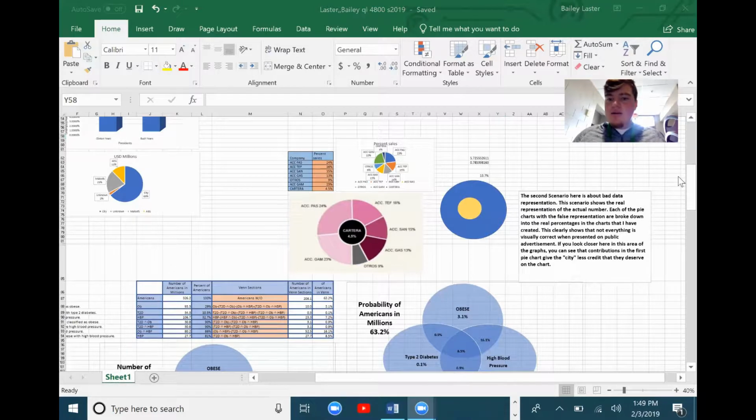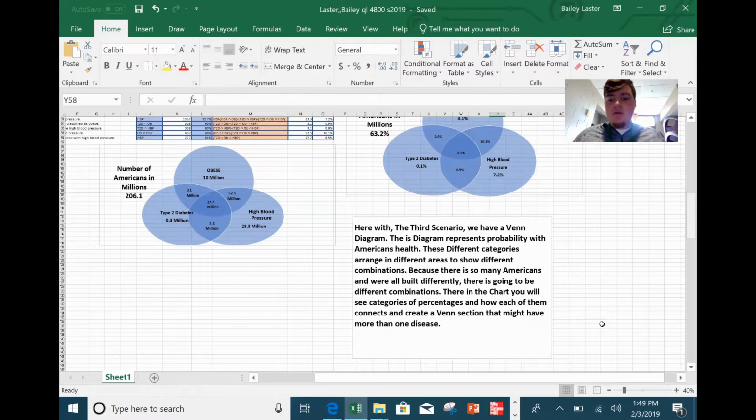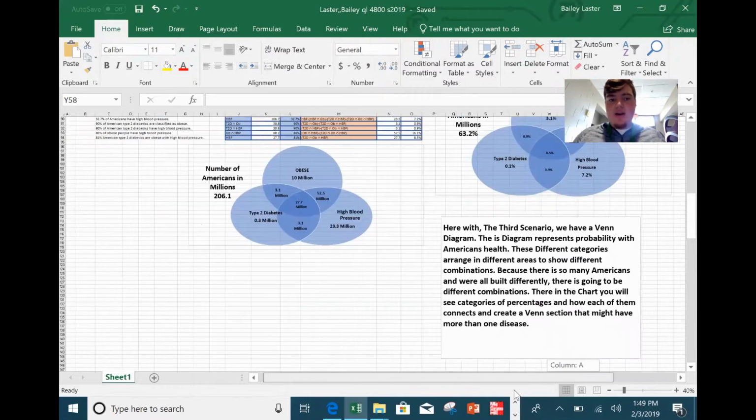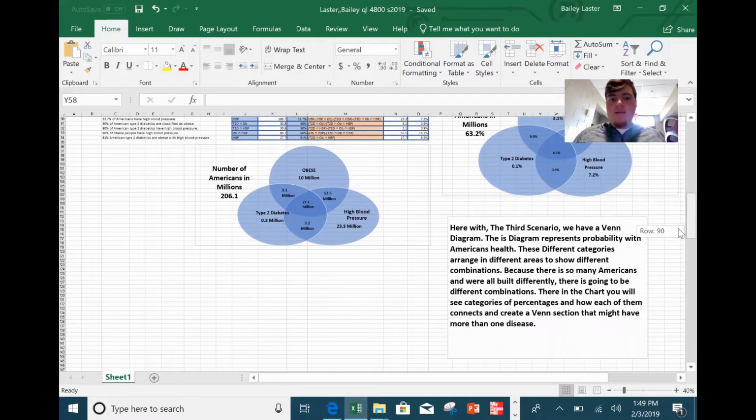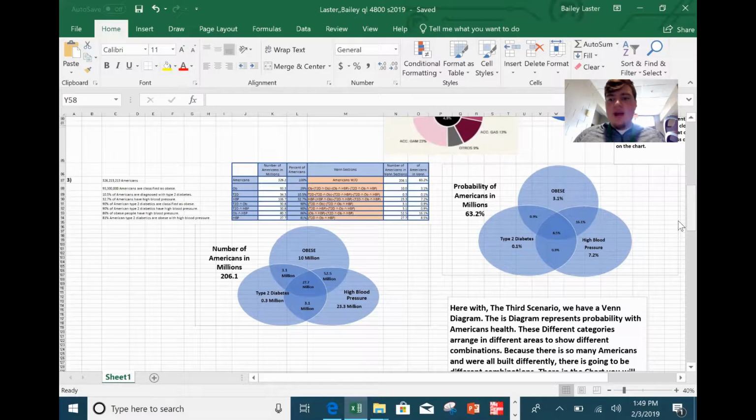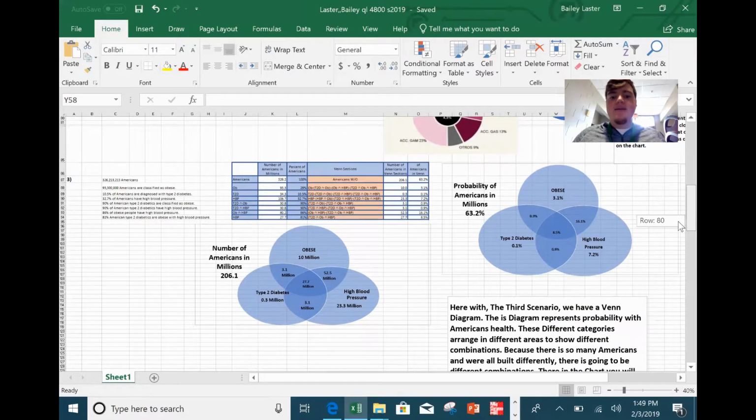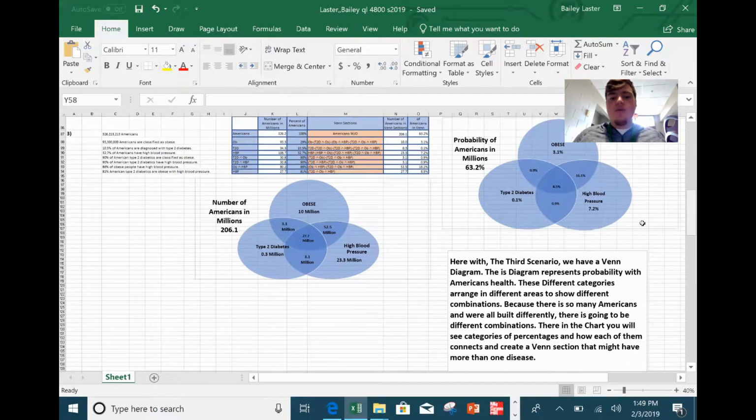All right. So, moving along from scenario 2, going to go to scenario 3. And these are Venn diagrams. I really like Venn diagrams because it shows you overlapping combinations. And this one's talking about diseases as in obesity and diabetes and high blood pressure.